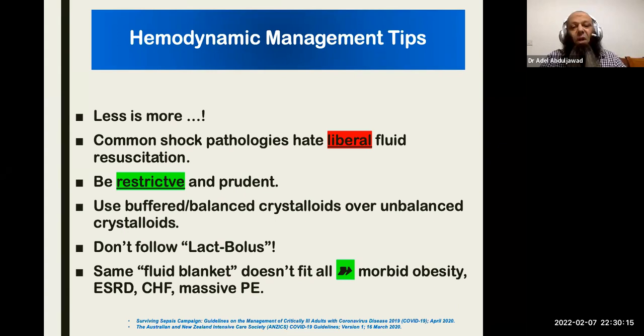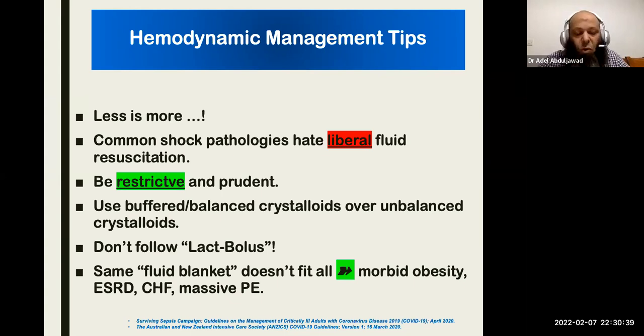Shock pathophysiologists usually hate liberal fluid resuscitation. So after you assess fluid responsiveness, after you resuscitate the empty pipes, be restrictive and prudent.